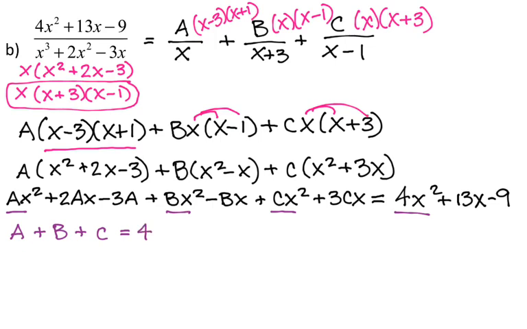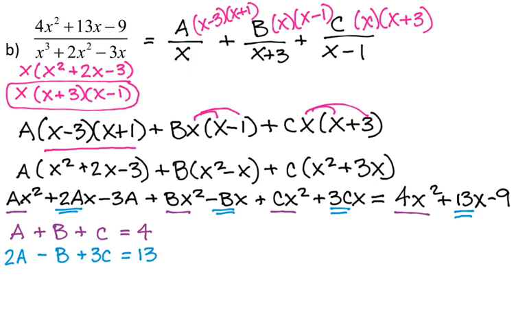Now I'm going to look for my x's. So I have 2Ax, negative Bx, 3Cx, and that's supposed to equal 13x. So that's my second equation. So 2A minus B plus 3C should equal 13.